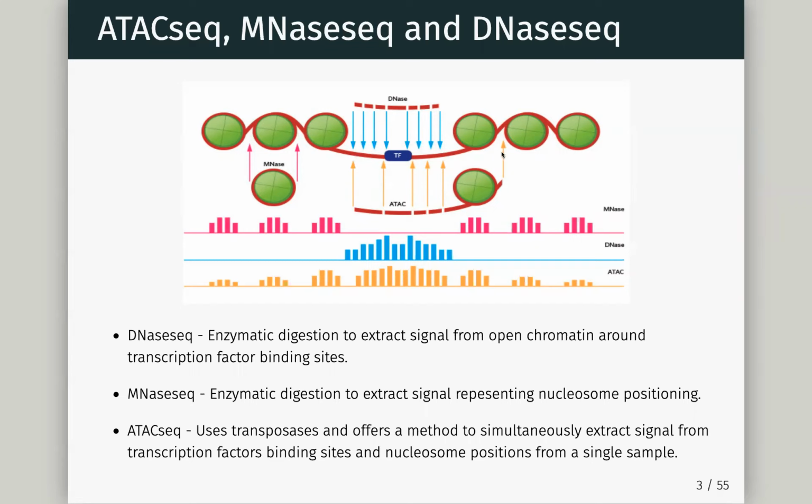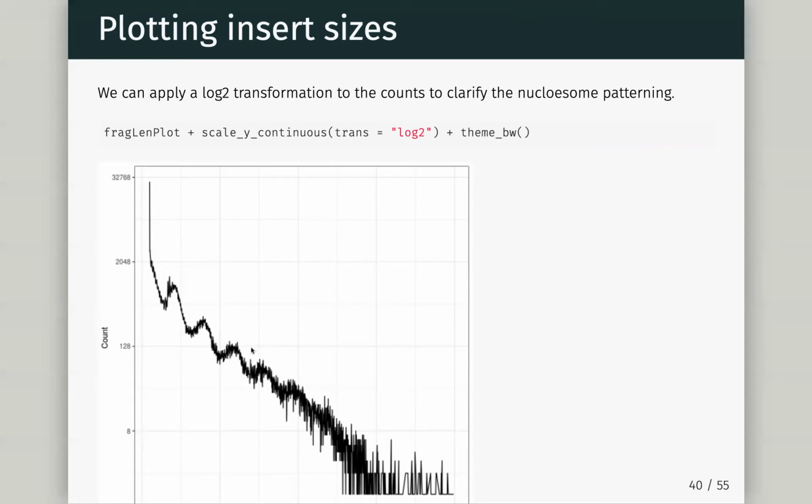When I first did this course, there were a lot of people going, oh, my data doesn't look like that. And it's because if you use too high a concentration of transposase, or leave it too long, you get rid of all these other fragments. You end up really with just these short ones. You manage to break up all your DNA.